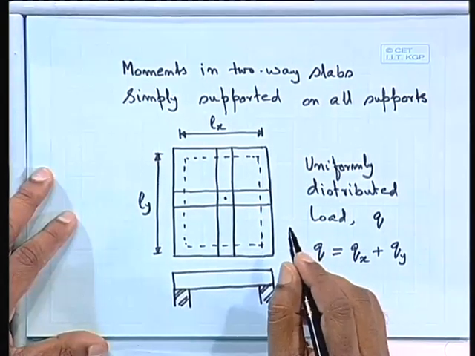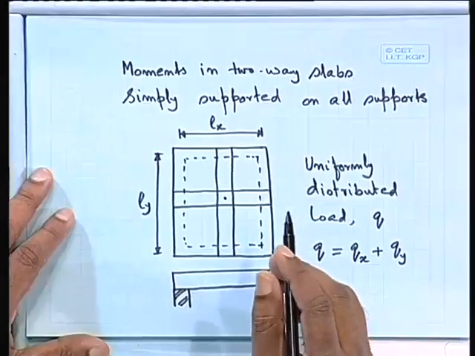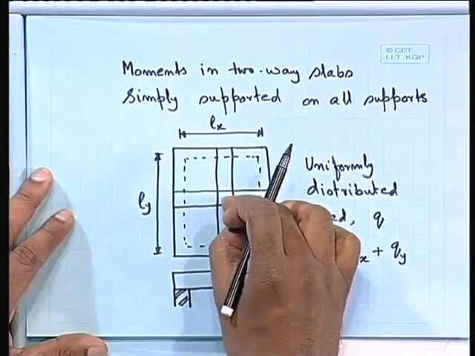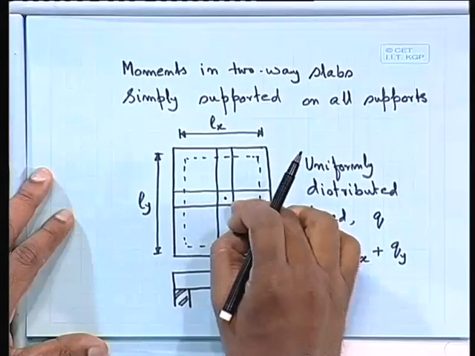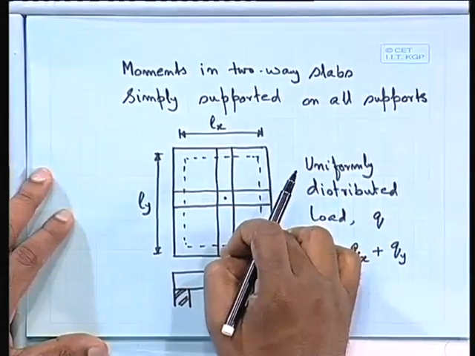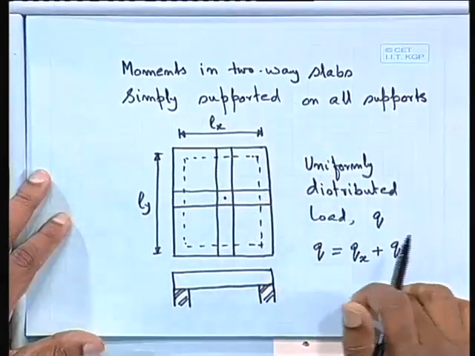Since there is no slipping, if we take this strip as one plate and the other side as another plate, the deflection we get should be the same, taking this one and taking the other one. That is our consideration and from that point of view we can find out the distribution of Qx and Qy.